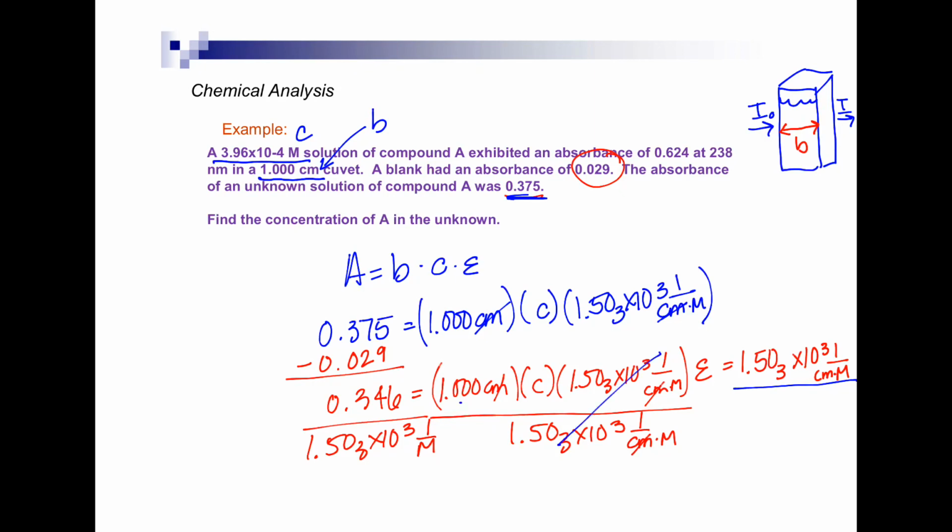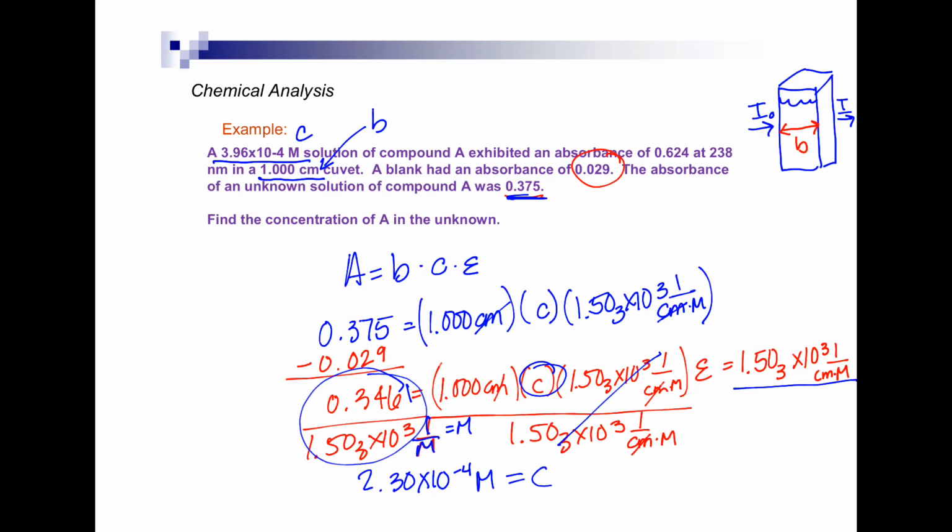I'm not even going to do anything with the 1 because it's just a 1, and it's not going to change the math. So when I put this into my calculator, I got 2.30 times 10 to the negative 4th molarity. And the reason why I'm saying molarity is because I'm taking 1 and I'm dividing it by 1 over molarity. That equals molarity. So I'm taking the inverse of the inverse there. And that is equal to my concentration, the only thing left on this side.